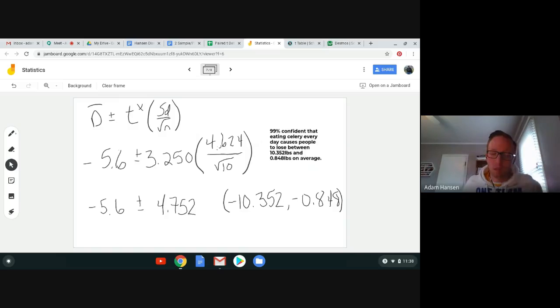Paired samples. You're doing statistical inference on the paired differences rather than statistical inference on two sets of data from sampling two different populations. Differences from two different populations. Questions, guys?